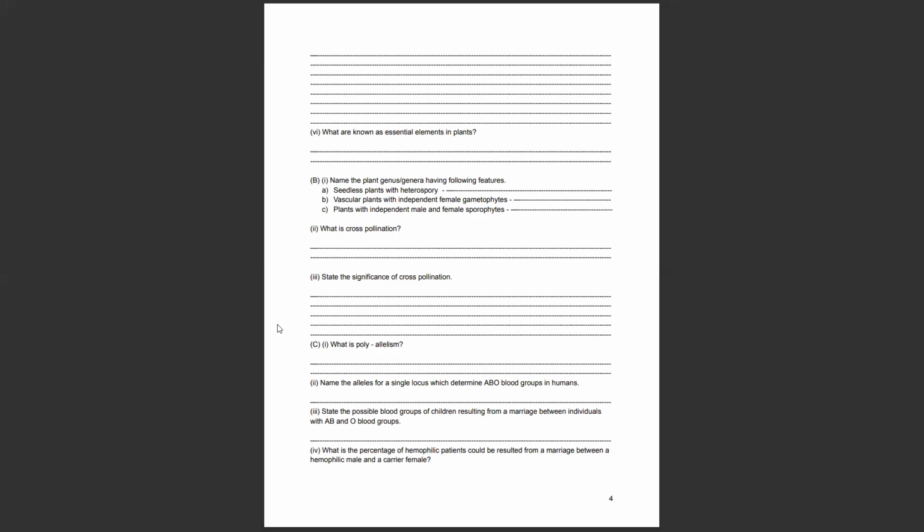Next question. What is the percentage of hemophilic patients who would result from a marriage between a hemophilic male and a carrier female? Hemophilic කියන්නේ hemophilic කියන ලෙඩේ පේන්නේ කොහොමද? ඒක X recessive එකක්. හරිද? මෙන්න මෙහෙමයි ඒක වෙන්නේ.